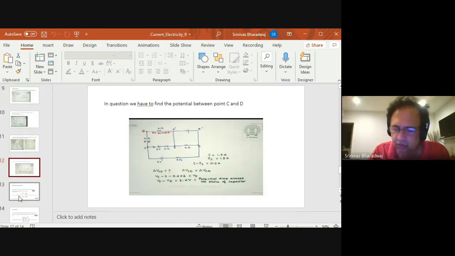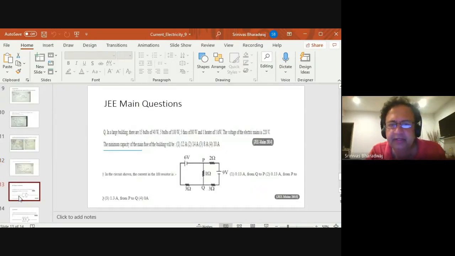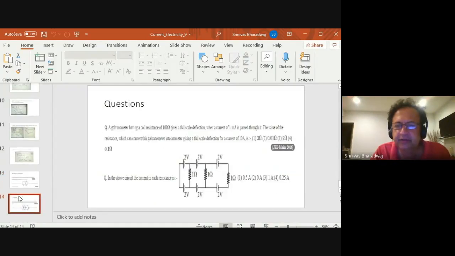Then we discussed what happens in a DC circuit which has multiple capacitors. We introduced capacitors, and various types of questions of varying levels of complexity.